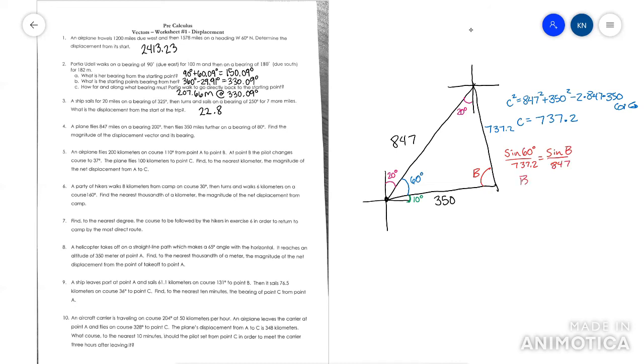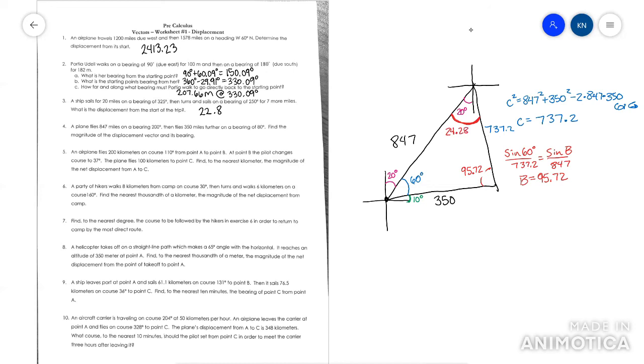And so you'll solve this and you'll get angle B as 95.72. So this is 95.72. Then once you have that, you can go get this full angle. So 180 minus 60 and 95.72 is going to give you 24.28.